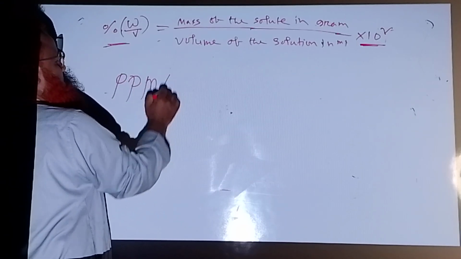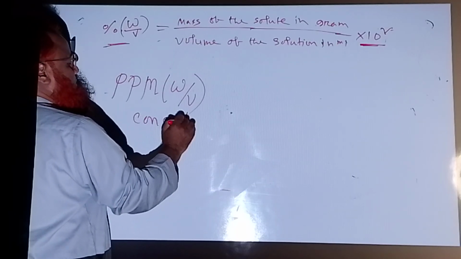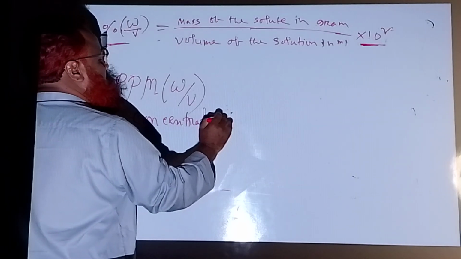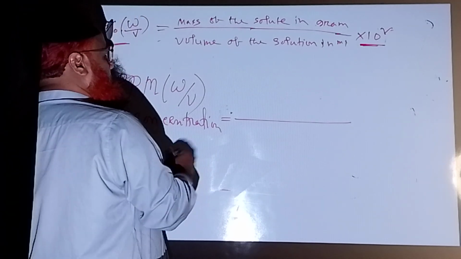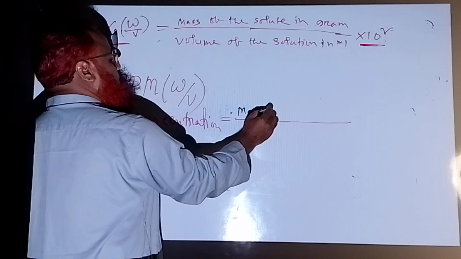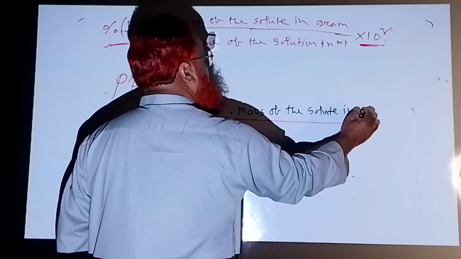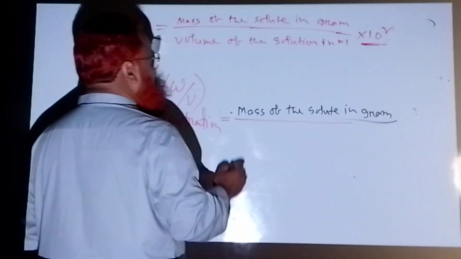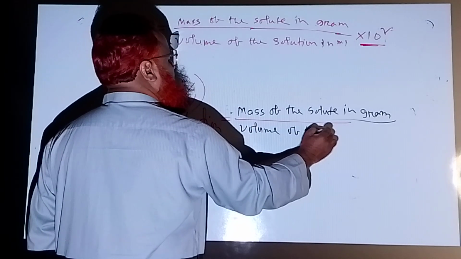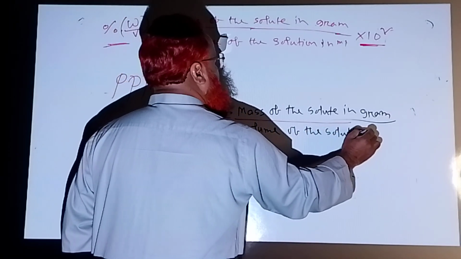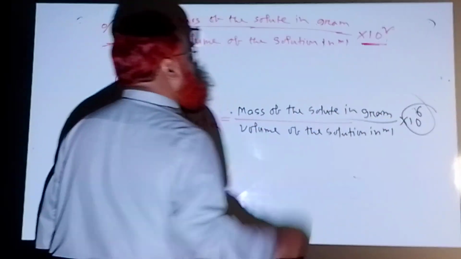If it is ppm concentration W by V, the expression is similar: mass of the solute in gram divided by volume of the solution in ml, multiplied by 10 to the power 6.